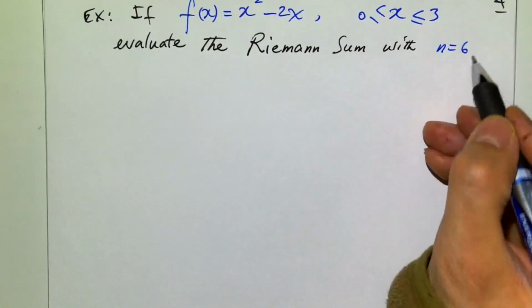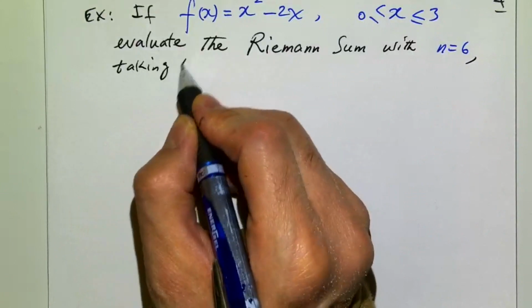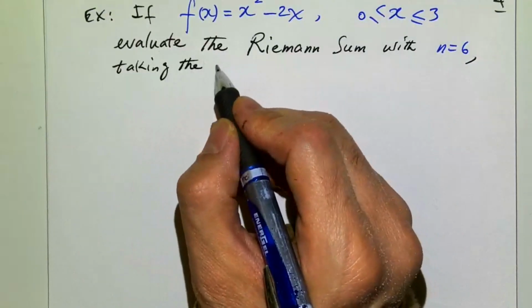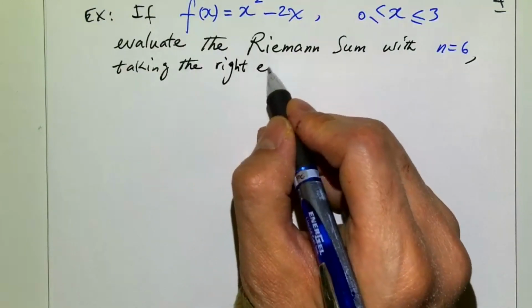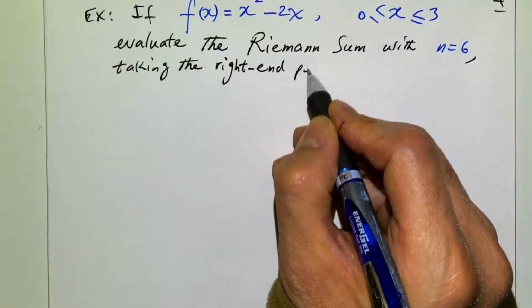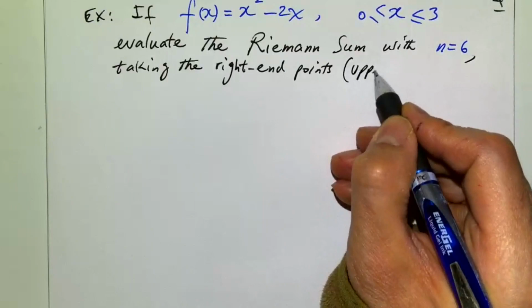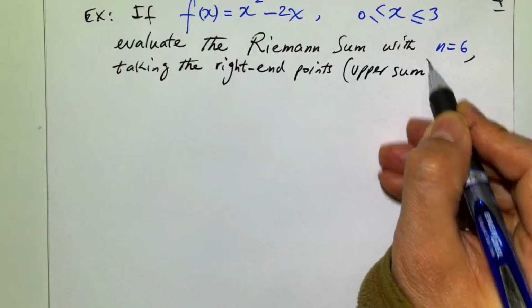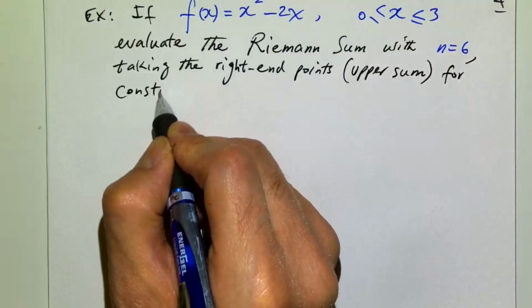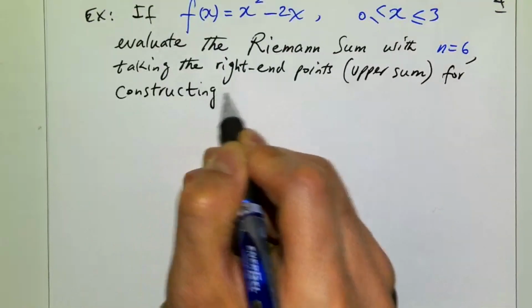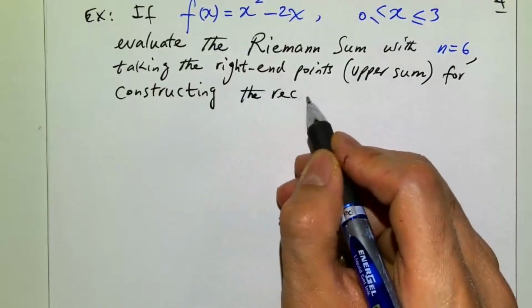With n equals 6, taking the right endpoints, they want us to do that, and or the upper sum for constructing the rectangles.